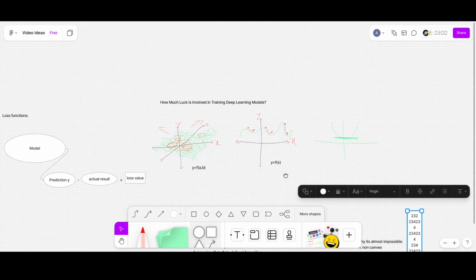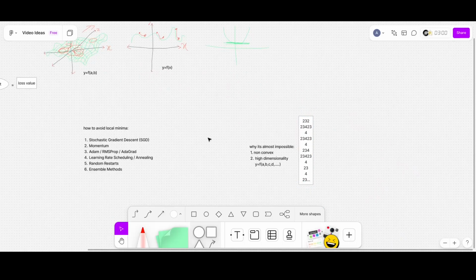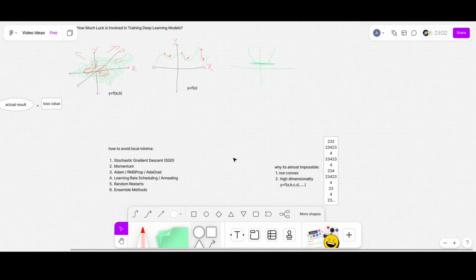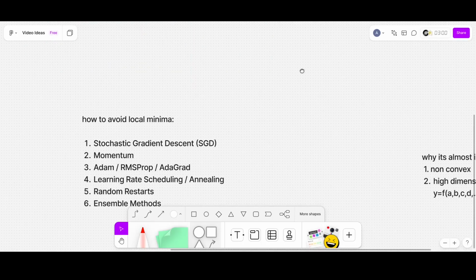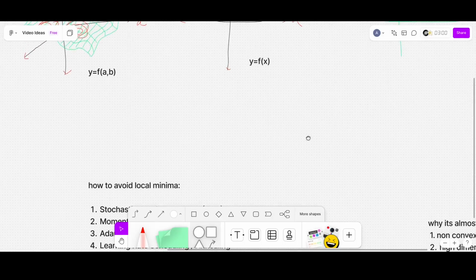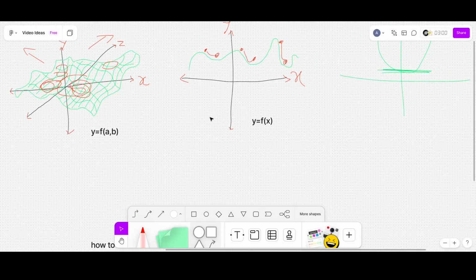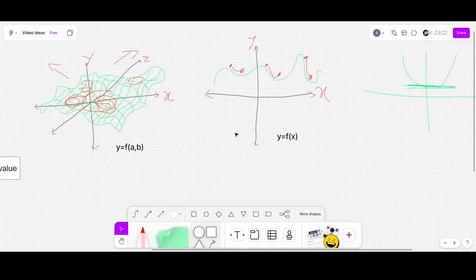And that's why it's very difficult to design a very easy, simple, optimal algorithm to find these local minimas and global minimas. I believe this is an ongoing journey, and in the future we will have more advancements towards better optimization techniques, and we will be able to do better in finding these global minimas.